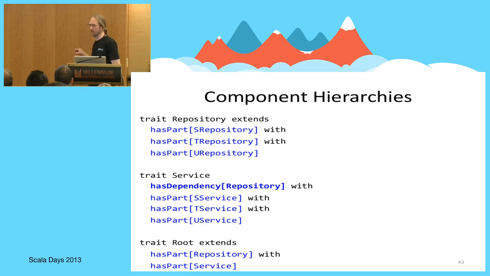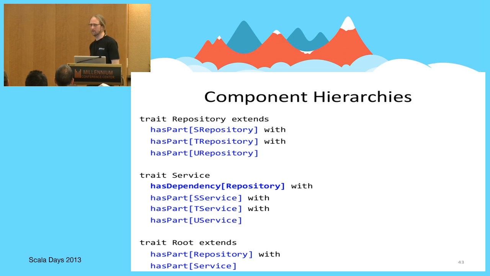This means that, by the time the U service component is instantiated, it's also going to be a U repository component. So the U service is saying, well, if this service guy wants to extend me, it has to obey my self-type.